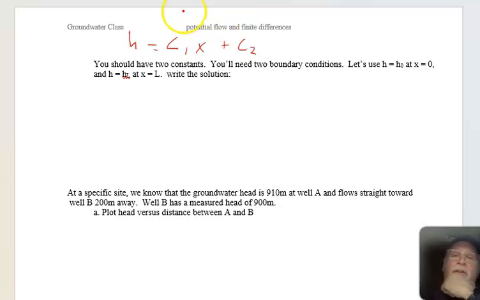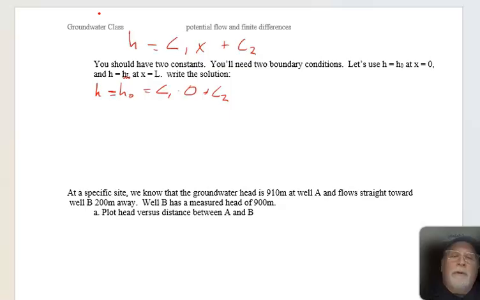I have two constants, so I need two boundary conditions. We're going to use h equals h0 at x equals 0 and h equals h sub L at x equals L. At x equals 0, we have h equals h0 equals c1 times x, which is 0, plus c2.